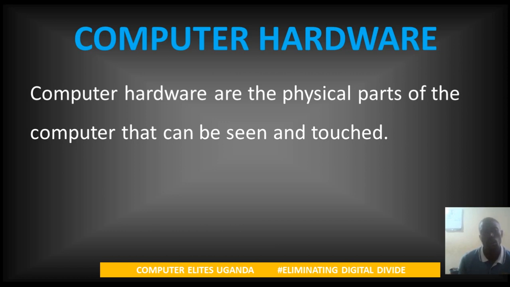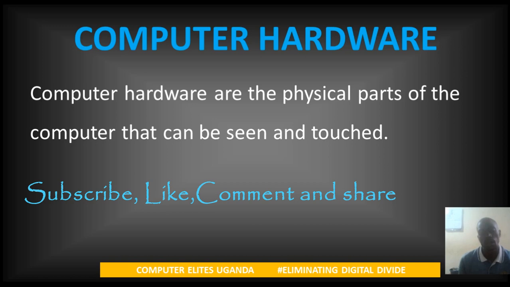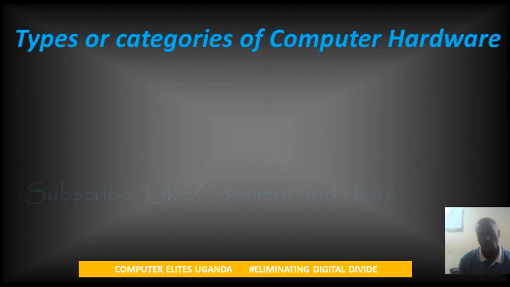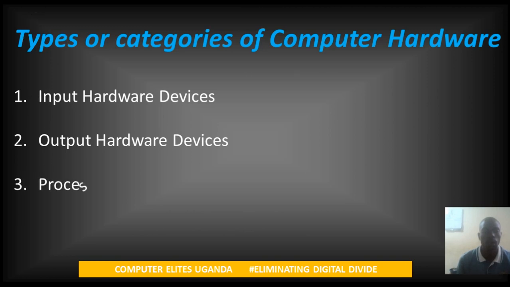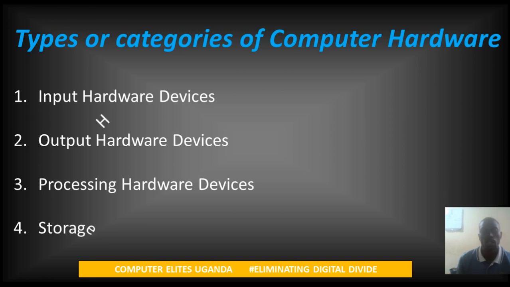Now let us identify some of these categories. The first category, we have the input hardware devices. We also have the output hardware devices, and number 3, we have the processing hardware devices, and the last category we have the storage hardware devices.